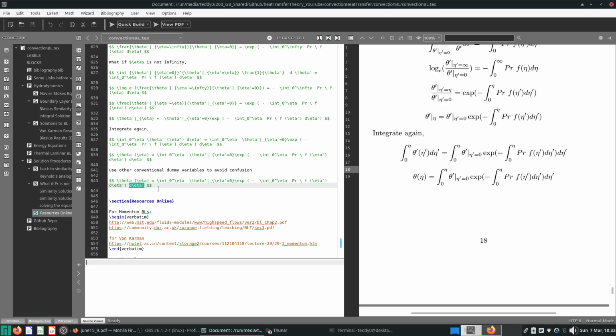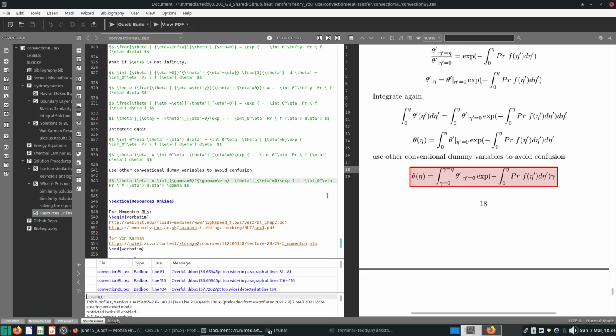So the eta prime is over here. We'll use gamma for the outer integral. So gamma equals to eta, and then gamma equals to 0. That's the integral limits. And for the inner integral here, in the exponential bit, we just use beta, because that's what you'll see in textbooks anyway.